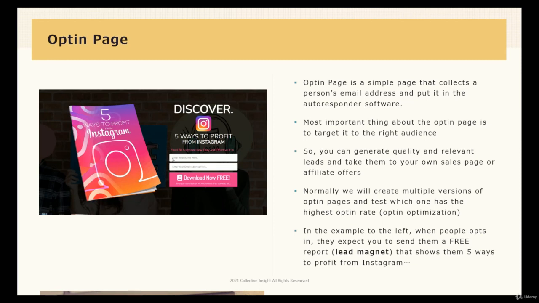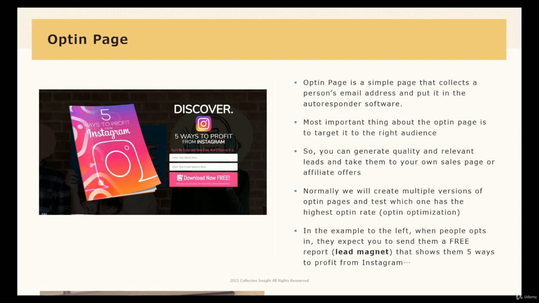In this example, you will see there's a huge picture of a book, 5 Ways to Profit from Instagram. This is what I call a lead magnet, so it's attracting my leads. People who are interested in Instagram marketing, when they see this big free report about 5 ways to profit from Instagram, are more likely to opt in because they want to download it for free.